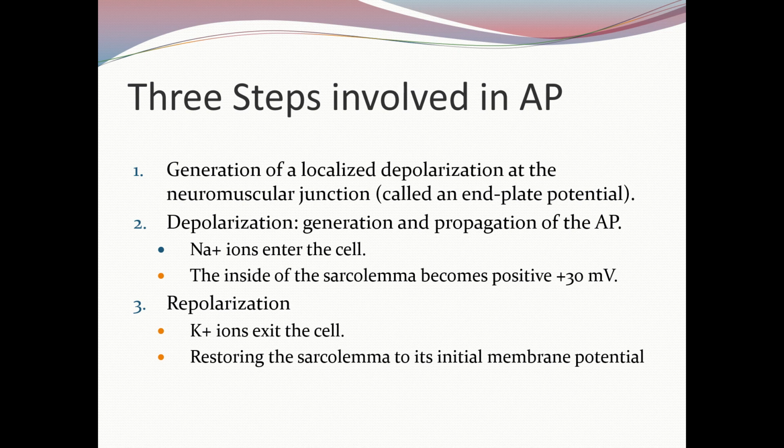Step 2 is depolarization and generation of the action potential as sodium ions enter the cell. This is what causes the inside of the sarcolemma to become a positive 30 millivolts. During step 3, or repolarization, potassium ions will exit the cell, and this restores the sarcolemma to its initial membrane potential.